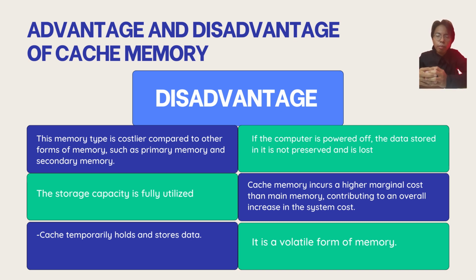Fourthly, if the computer is powered off, the data stored in it is not preserved and is lost. The fifth, cache memory incurs a higher marginal cost than main memory, contributing to an overall increase in the system cost. And the last one is that it is a volatile form of memory. Thank you.